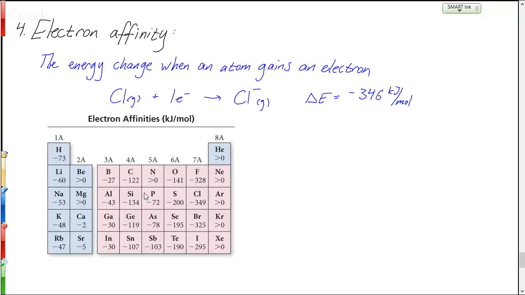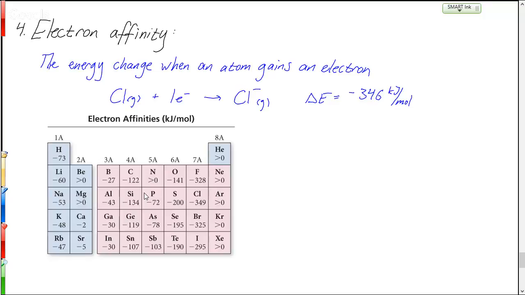What do you have to do when nitrogen gains an electron? What's happening to the electrons? Well, that's always the case when you gain an electron. What's special about nitrogen and the others in its row? Yeah, one of them's going to have to pair up.